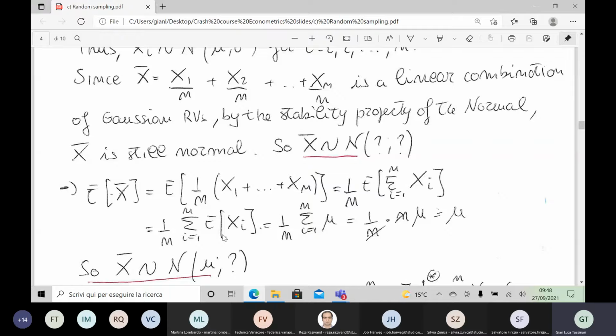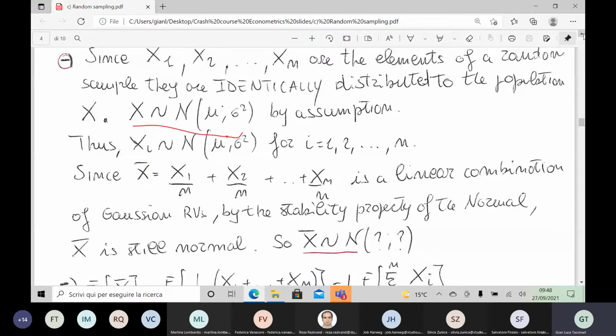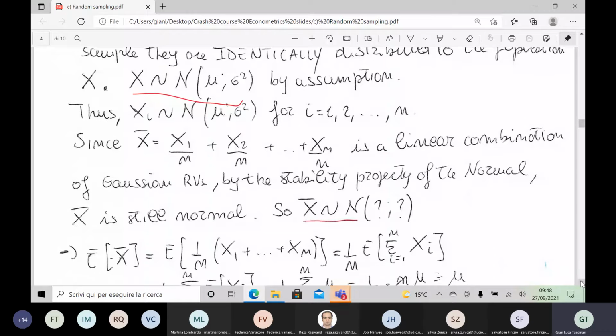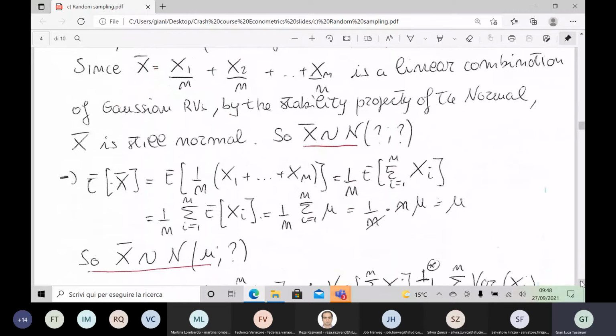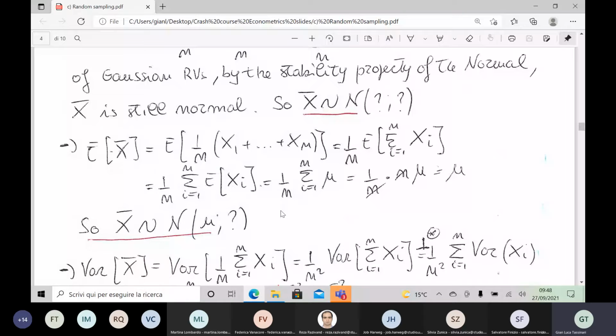Since the xi, I told you, are identically distributed to the population, each xi has expectation mu. So the expectation of xi is mu. Then you have 1 over n times the sum from i equal to 1 to n of mu. What does this mean? This means that you have to sum mu to itself n times.